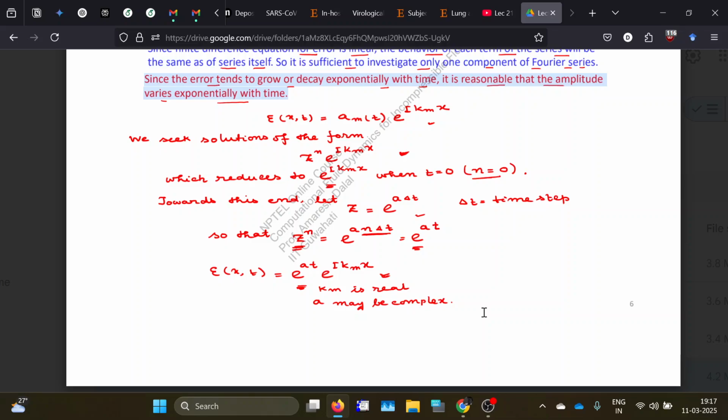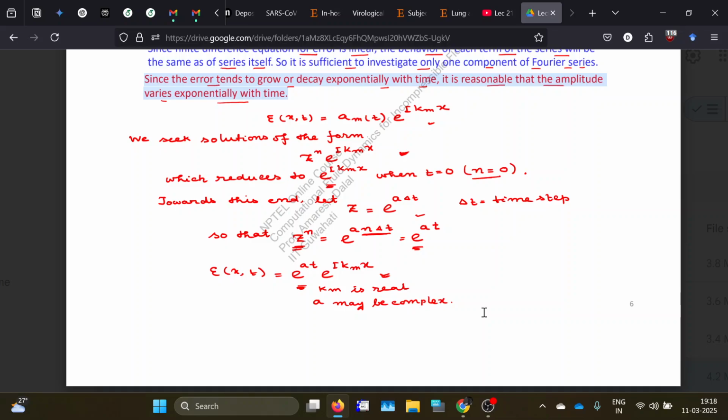Forget space now, space is fixed. For one spatial mode only, you are worried about what happens to the amplitude. That amplitude can go up exponentially, come down exponentially, and on top of that it can oscillate. That oscillation is taken care of by the imaginary part of small a.